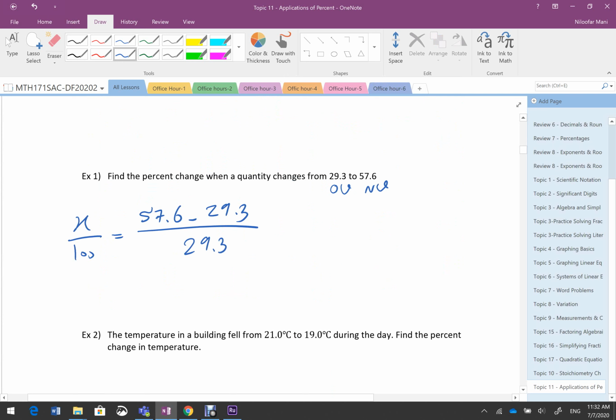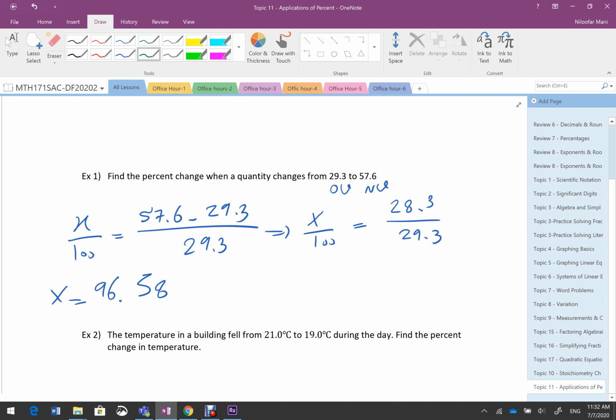Then x over 100 equals 28.3 over 29.3, and I can find x equal to 96.58.